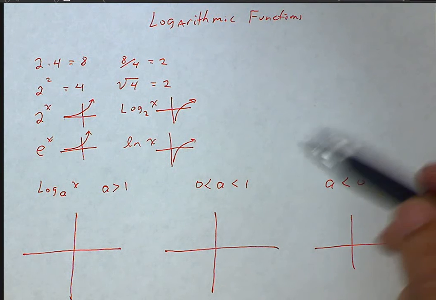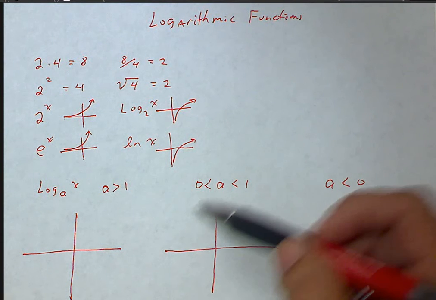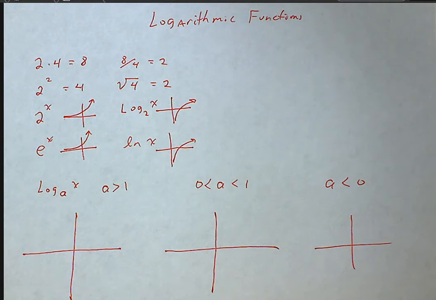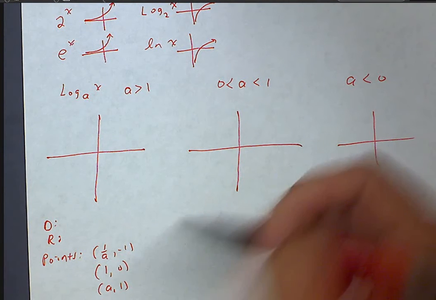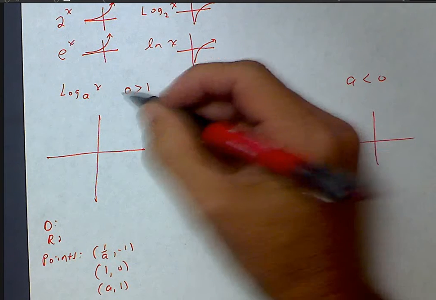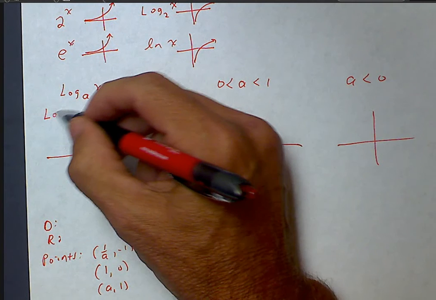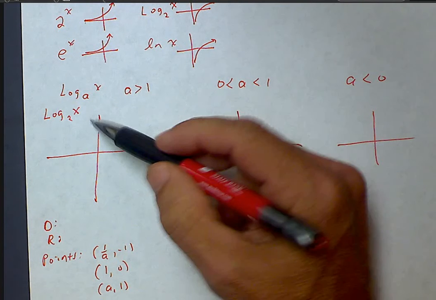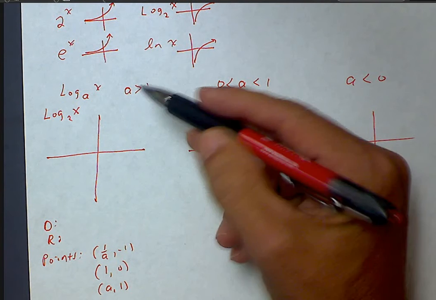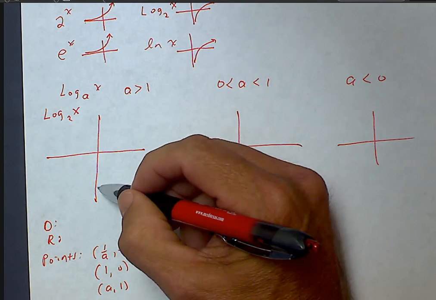First off, they're going to go through these 3 points down here. I'll talk about those in 1 second. There's 3 possibilities. You could have log base 2 of x. That's a number bigger than 1, which means that graph is going to look like this.